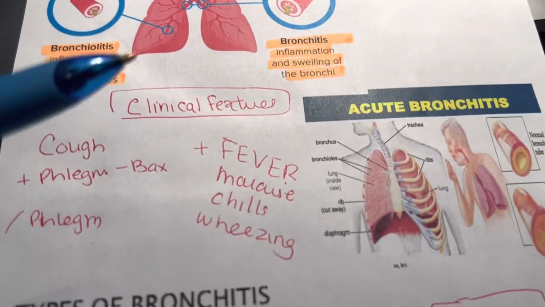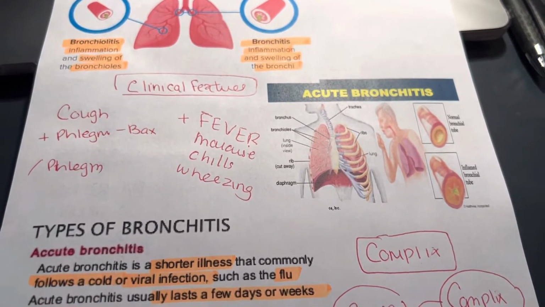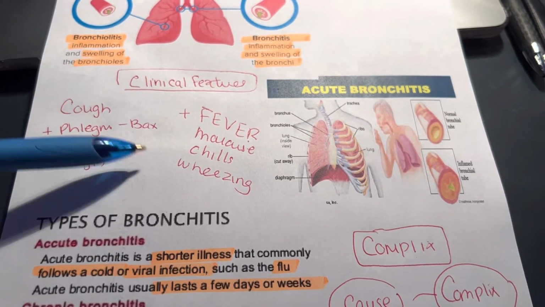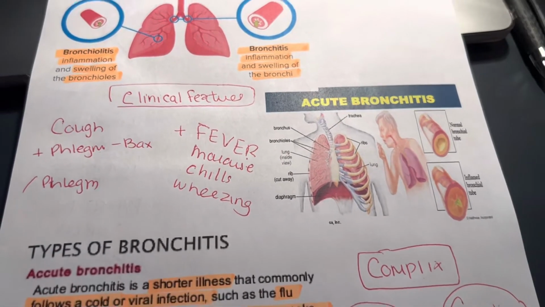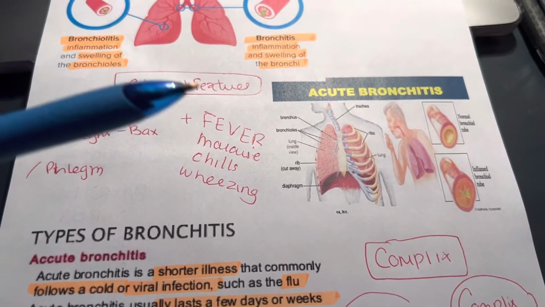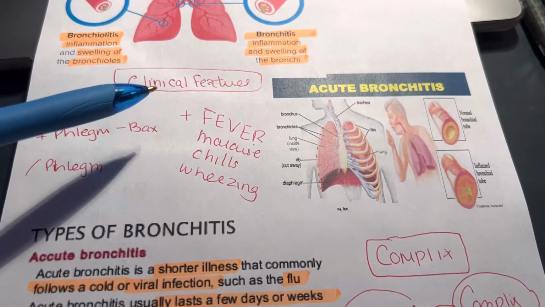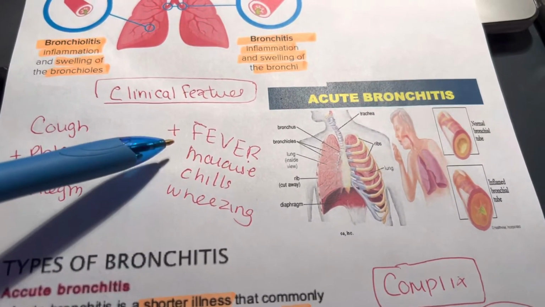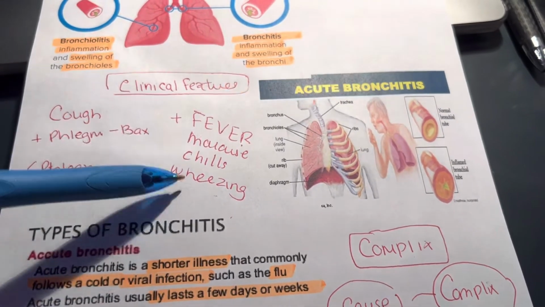So what are the main clinical features that your patient with bronchitis will present with? They'll have a cough, which may be with phlegm or not. If it's a cough with phlegm, you're thinking it's a bacterial infection. They'll also have systemic signs because it is an infection, which could be viral or bacterial. So you'll think of fever, malaise, chills, and wheezing is common as well because there is an obstruction.